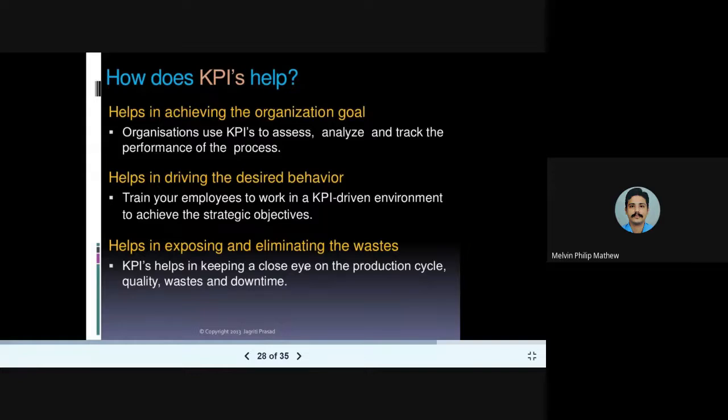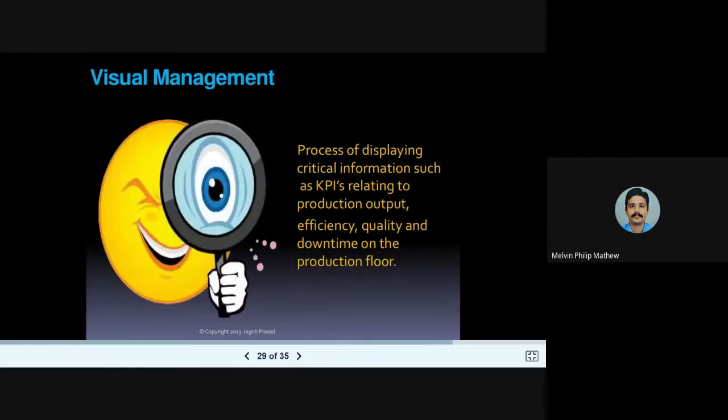Okay, we were discussing key performance indicators, and we looked at how they help in lean manufacturing. Next, we will look at visual management. So, what is basically visual management?